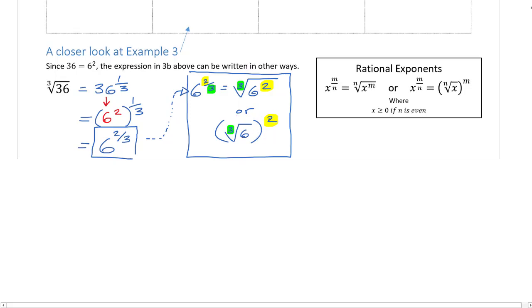So that's the rule: if you have an exponent on top and on the bottom, a numerator and denominator, the exponent on the numerator you treat like a regular exponent, what you've been doing all this time. The bottom number is the index of the radical, so that tells us what root we're supposed to be finding.